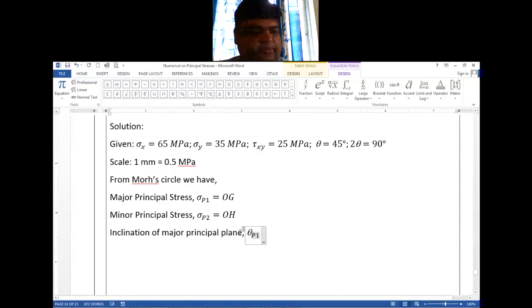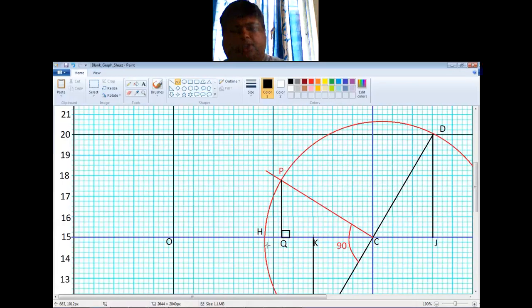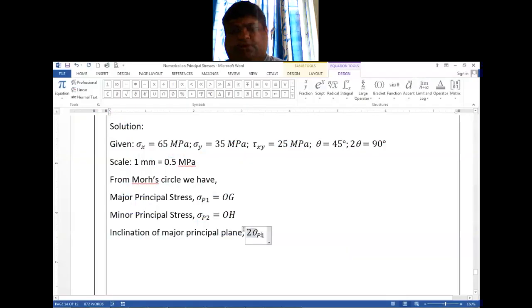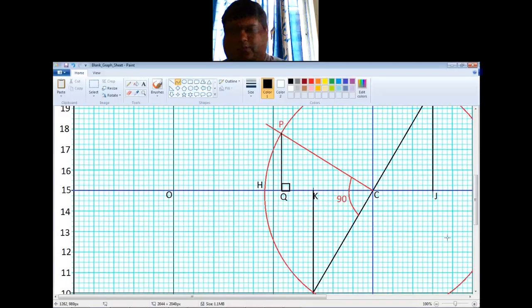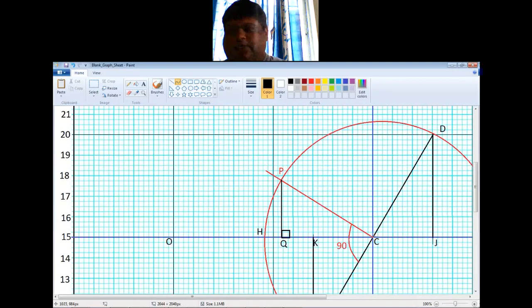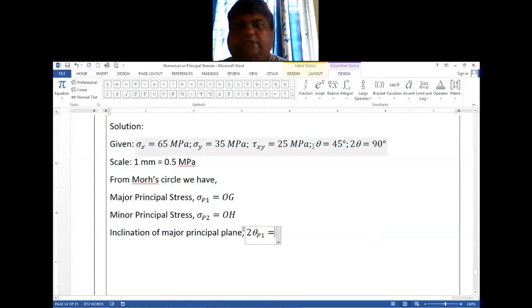Actually it is 2 theta P1, not just theta, because I have drawn this Mohr circle with angle 2 theta. So what you get for the principal plane is also 2 theta P1, right?